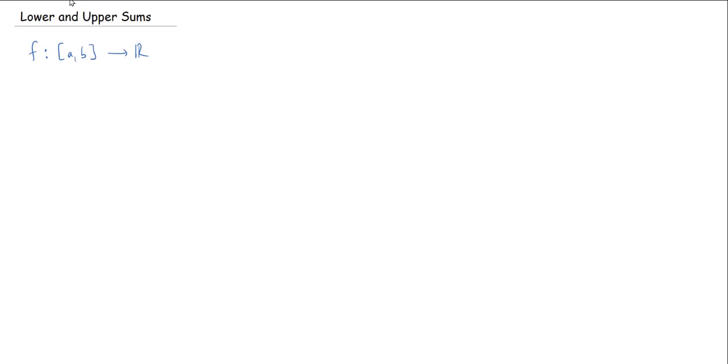So we're going to assume, remember what a bounded function means: if I apply f to the domain, that of course gives me some subset of the real numbers, and this needs to be a bounded subset. So it can't get too big, can't get too small.